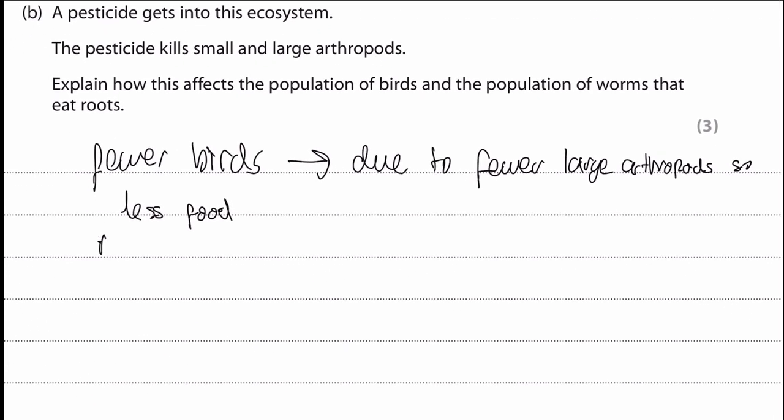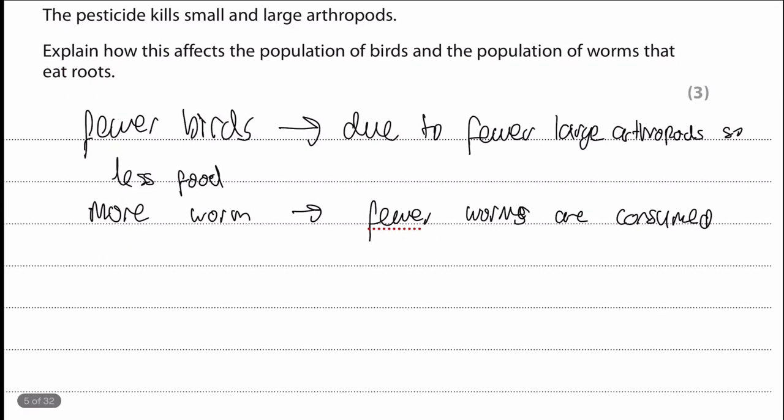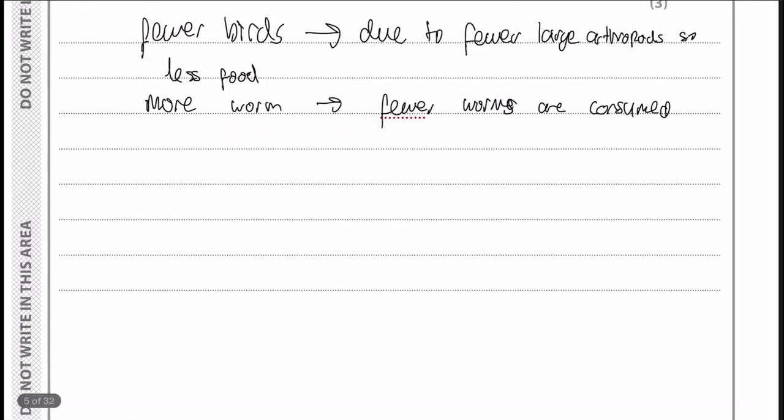Now we're going to say it's going to be more worms, but this one is because fewer worms are consumed, because their predator has reduced. There are fewer predators of worms in that ecosystem, so there's a greater worm population.